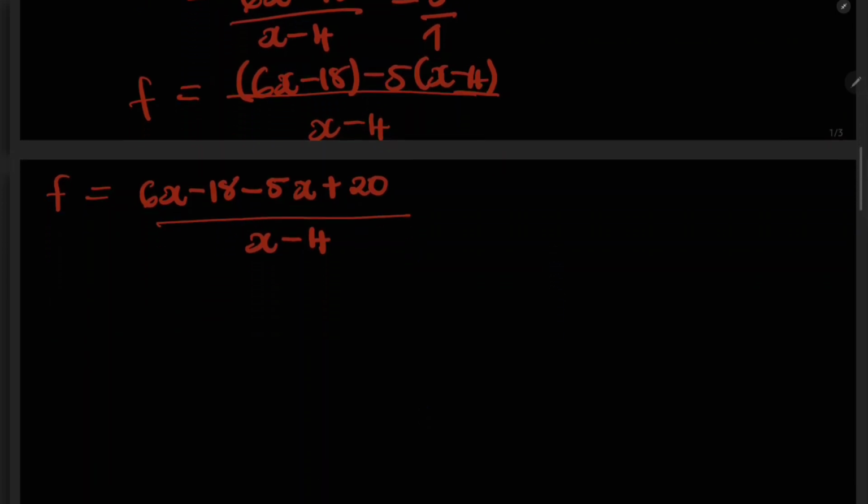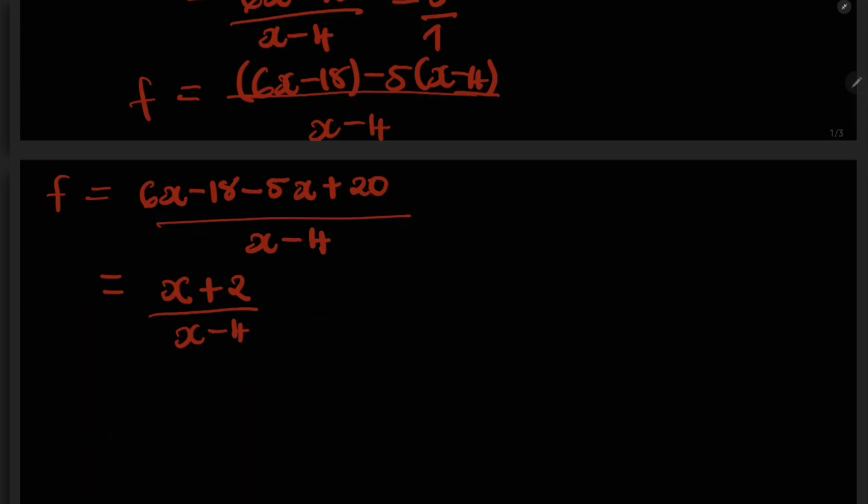Okay, so let me simplify it further. What is 6x minus 5x? It is simply x. Then minus 18 plus 20 is positive 2. So we have x plus 2 divided by x minus 4.